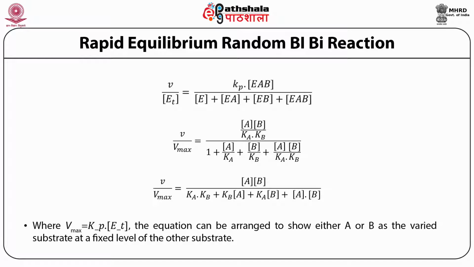So basically, Vmax represents how fast your EAB is converted into the products.